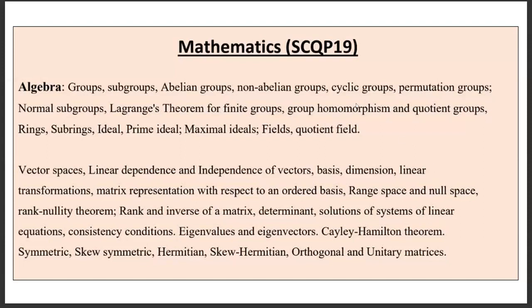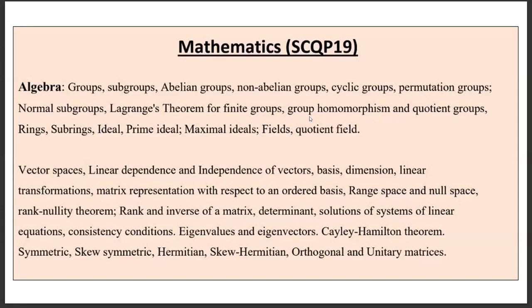Actually, you can't say exactly which topic is important, because sometimes they ask whether a group of order 2024 is an abelian group or not, and whether it is a cyclic group or not. If it is cyclic, how many subgroups are possible, and what are the possible generators? These types of questions they will ask, so try to prepare them for any order.